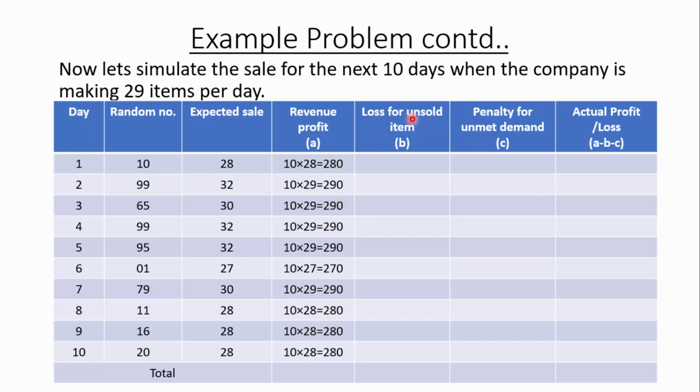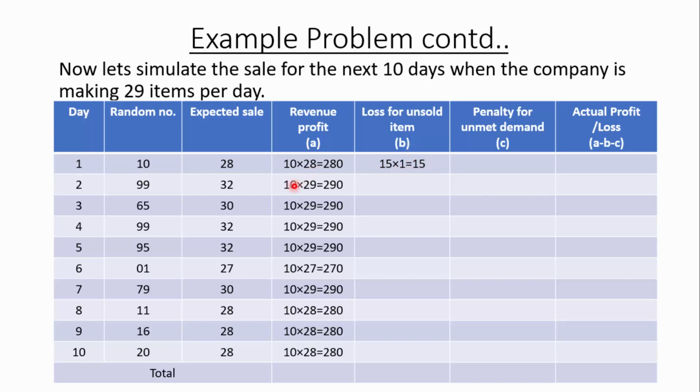Now let us see the loss from unsold items. We can see that whenever the company makes products greater than the expected sale or demand, then we will have an unsold item. So here for day 1 the expected sale is 28, where the company makes 29 items per day. So here we will have one unsold item, and the loss here will be 15 into 1, which is rupees 15.